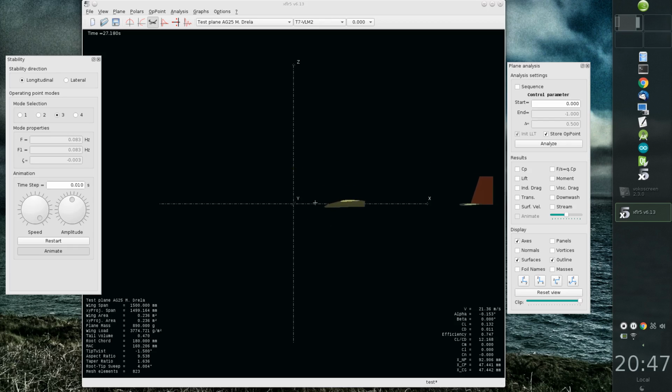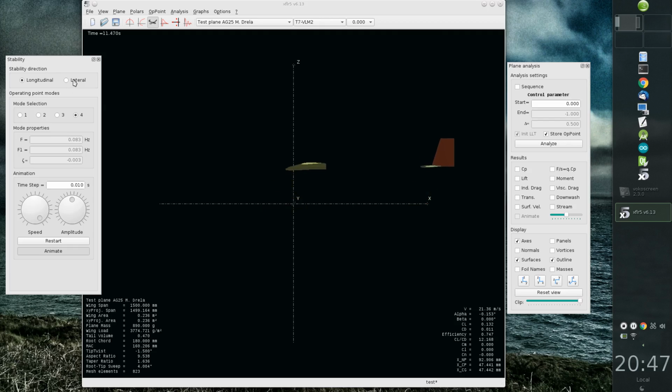Once again, you should see or read some documentation on what the Phugoid is. Mode number 4 is the same. This is a stable mode, but it's lightly damped, and that's the kind of behavior you can have with offhand controls of your plane.